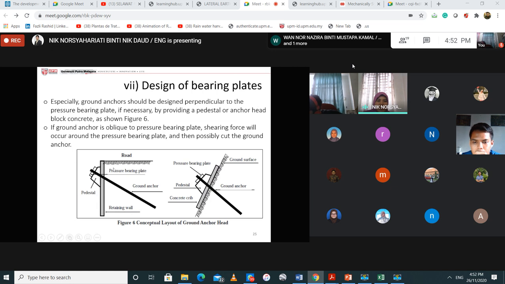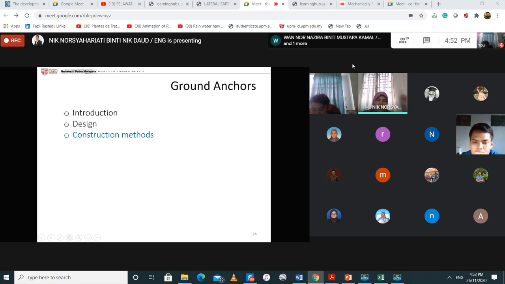If you look at here, it's at the upper part, and if it's only for the ground surface or for the landslide potential slope tadi, this is also the bearing plate that you need to design. Okay, so this is the bearing plate here. Then the pedestal and also the parts of it that you have to know. Refer back to the first figure that I shared with you before.